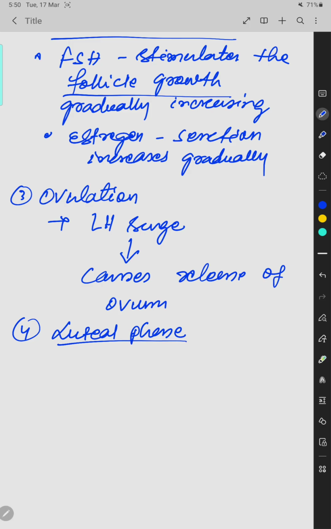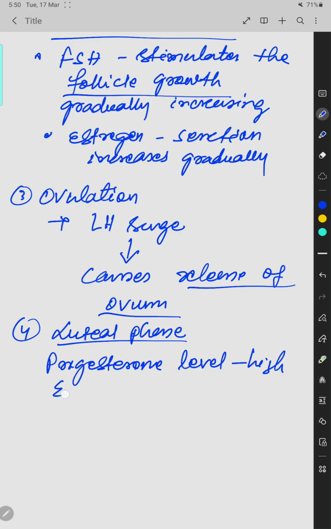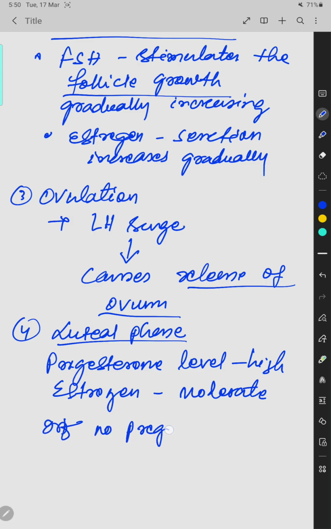In the luteal phase, the corpus luteum is already formed. After the release of the ovum, the remaining tissue of the Graafian follicle forms the corpus luteum. Now the corpus luteum secretes progesterone. So progesterone level is high, estrogen is moderate, and if no pregnancy, then what happens?